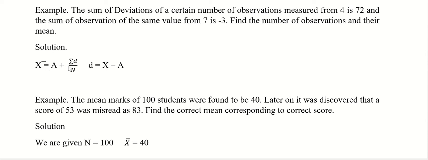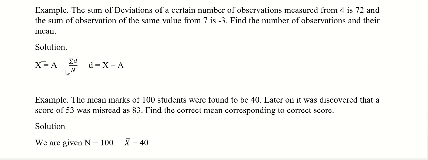So we need two things here. First is the formula for mean. So we will apply the shortcut method, because there is no h, right? Under the shortcut method, the formula is mean equals A, the assumed mean, plus sum of deviation divided by n.